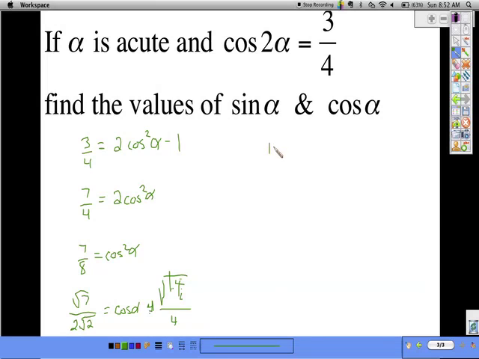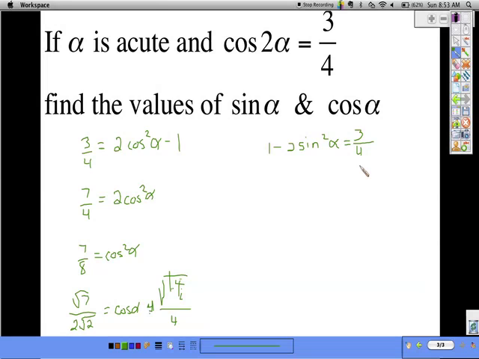Now we can do the same sort of equation solving using 1 minus 2 sine squared. And solving this equation, going through the same steps, we end up with 1 over the square root of 8 equal to the sine of alpha.